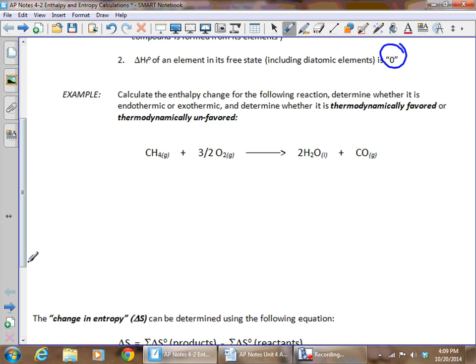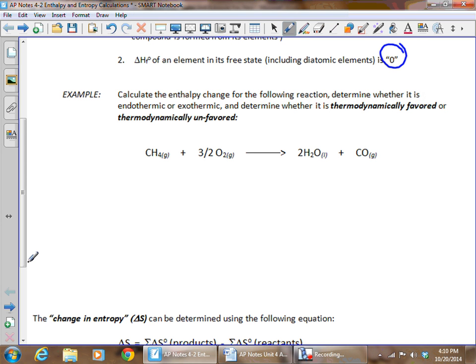So the first example says to calculate the enthalpy change for the reaction, determine whether it's endothermic or exothermic. That's going to be determined by the sign of the value at the end. And then determine whether it's thermodynamically favored or thermodynamically unfavored. Remember from a previous set of notes that when we're dealing with enthalpy, the lower the enthalpy, those negative values, those exothermic reactions are considered to be thermodynamically favored.